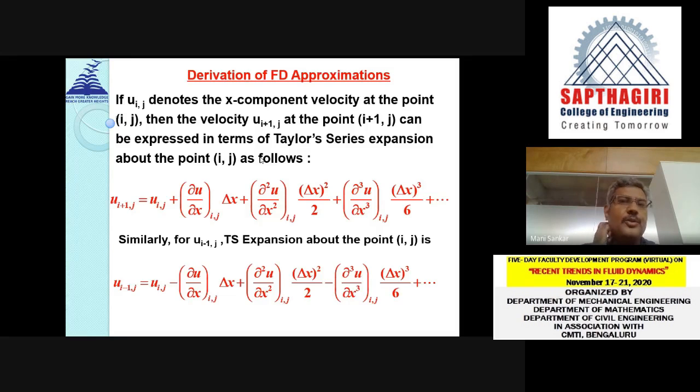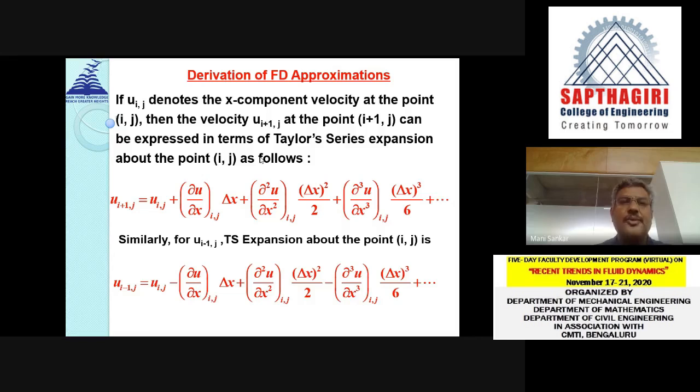Here I will show how to derive the finite difference approximation. There are many ways to derive it, and one of the popular ways is to use the Taylor series expansion.